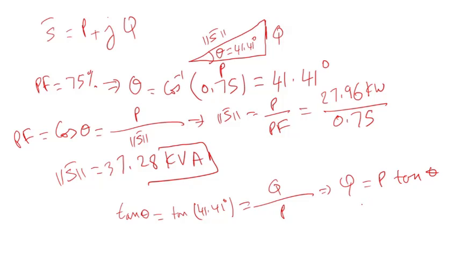P again is 27.96 kilowatts times tan of 41.41 degrees. So if you carry out that calculation, you get 24.67 kVAR.